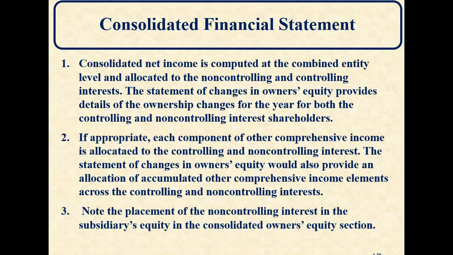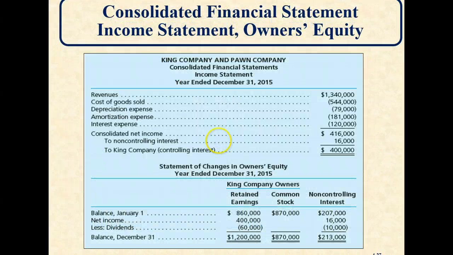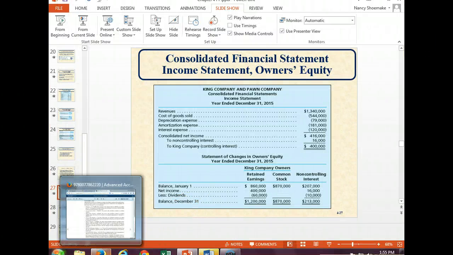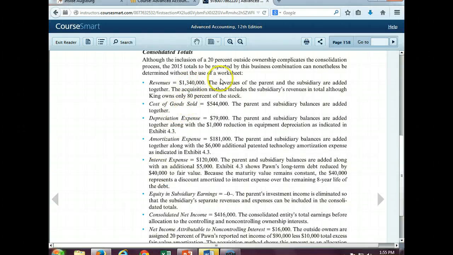Okay. So, in this situation here, the consolidated financial statements are going to show revenues of $1,340,000. If we look at the book, it shows how do we consolidate these? The revenues of the parent and the subsidiary get added together.